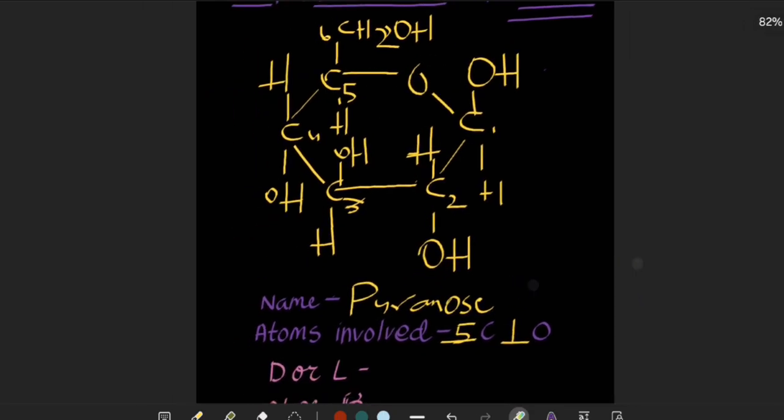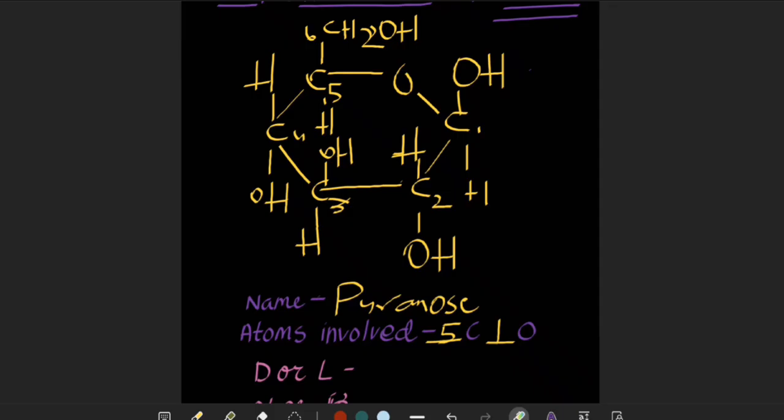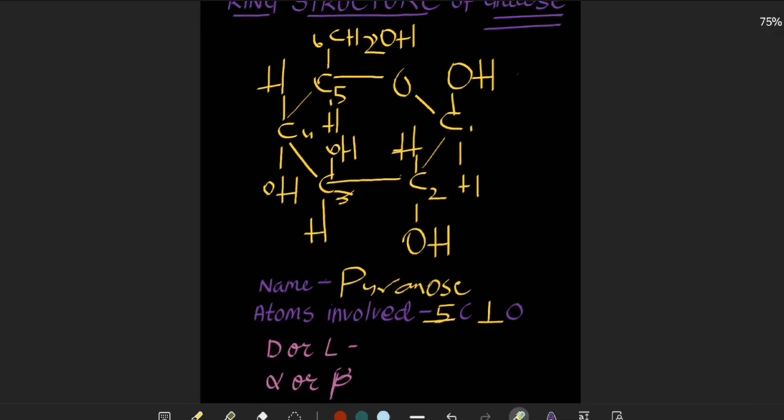And now we're going to talk about another structure, that is D or L. But for example, first let us see what alpha and beta tell, then I'll go to the D or L. So alpha or beta: when we take the first carbon into consideration, as you can see, the OH is upwards.